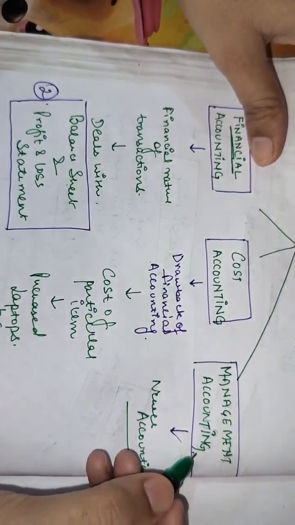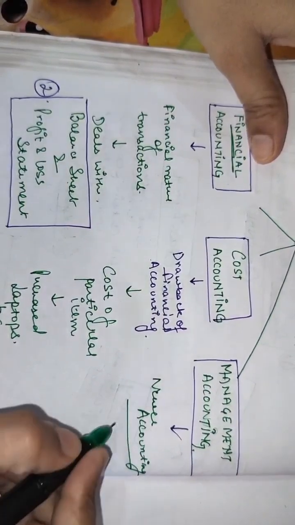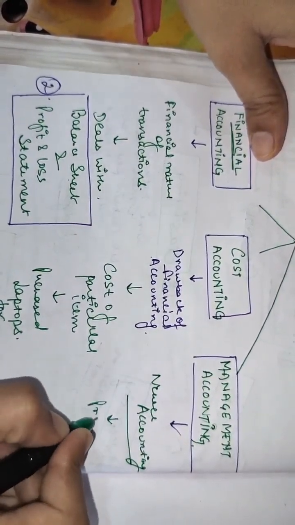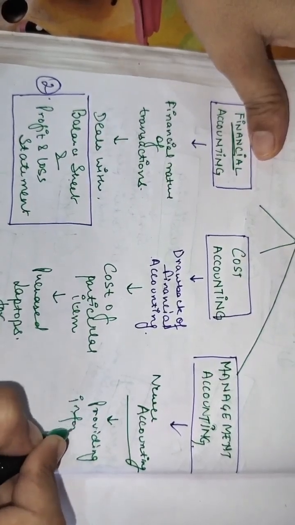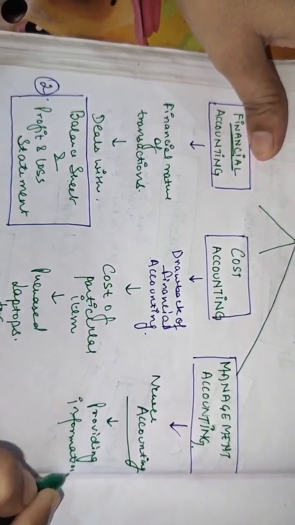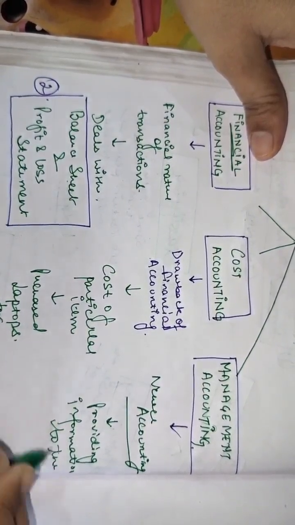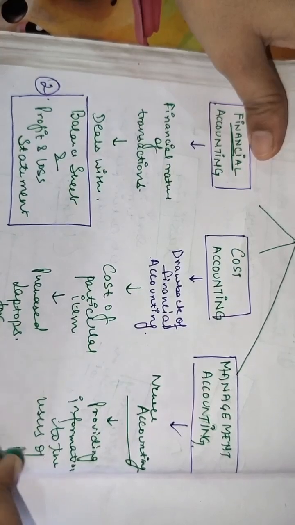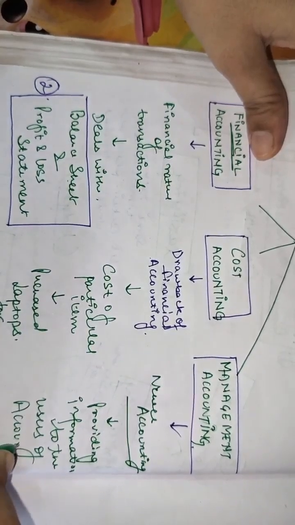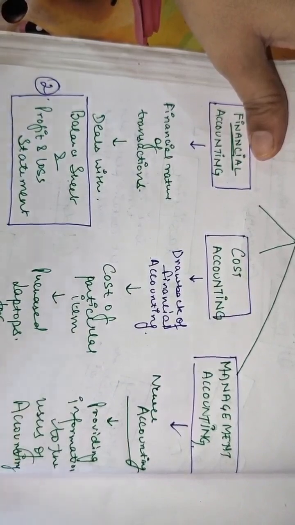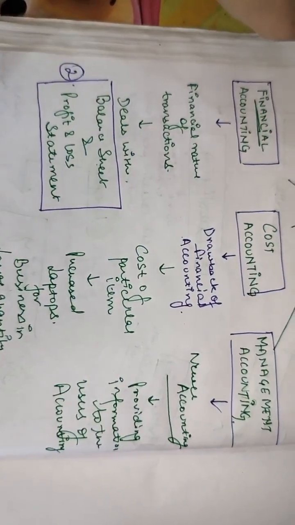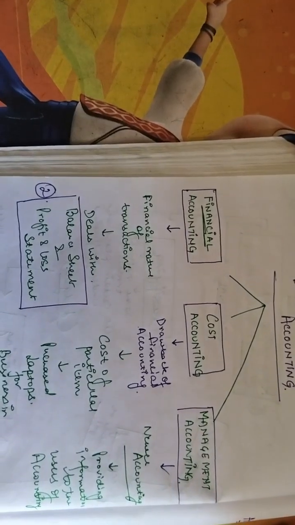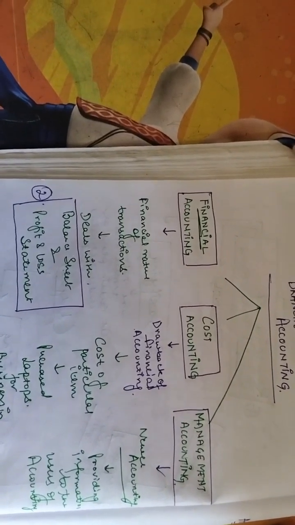So management accounting is that part of accounting which helps in providing information to the users of accounting, which can be internal users or the external users. So this was all about the branches of the accounting.